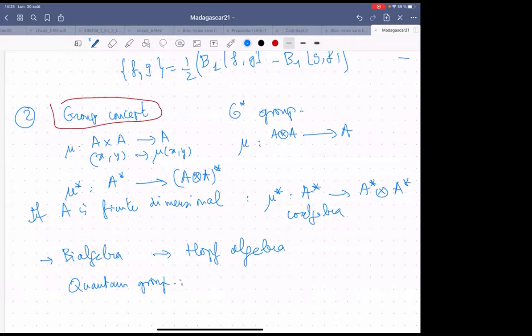And these quantum groups are deformations somehow of the Hopf algebra structure of the enveloping algebra.